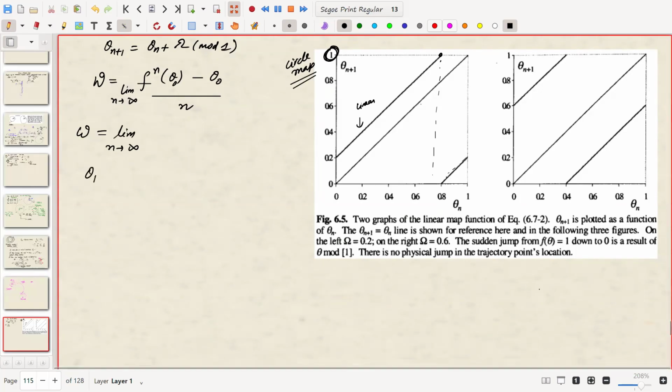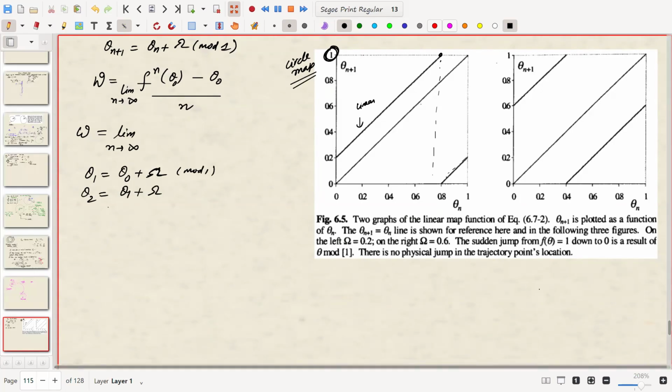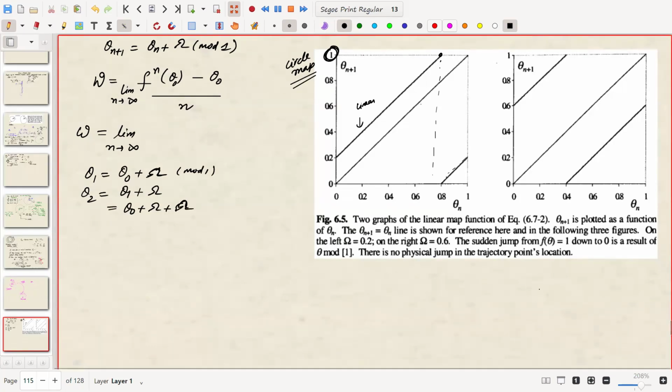See, theta 1 is theta naught plus omega, mod 1. Theta 2 is theta 1 plus omega. Theta 1 is theta naught plus omega, right? Plus omega, mod 1. So this is theta naught plus 2 omega, isn't it?